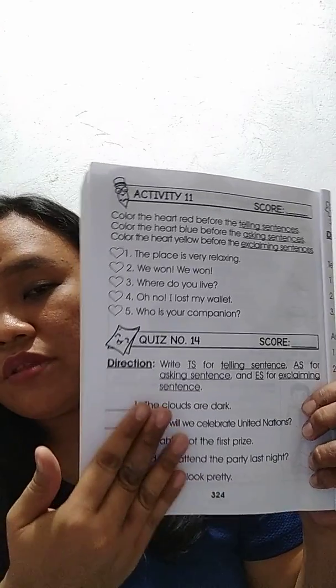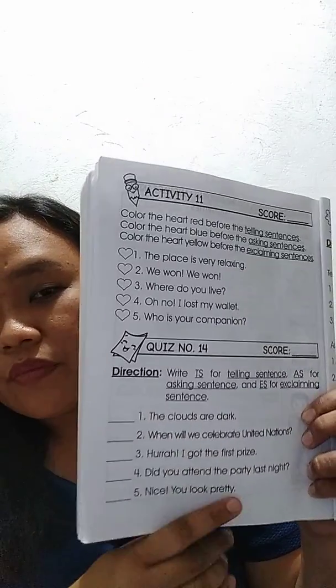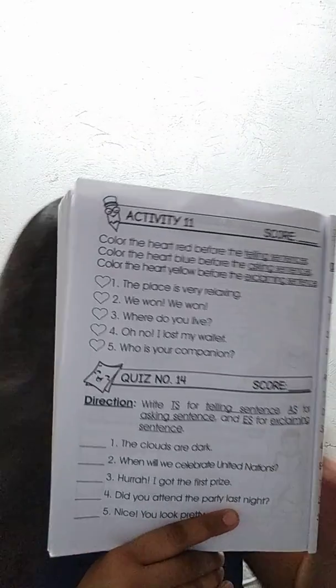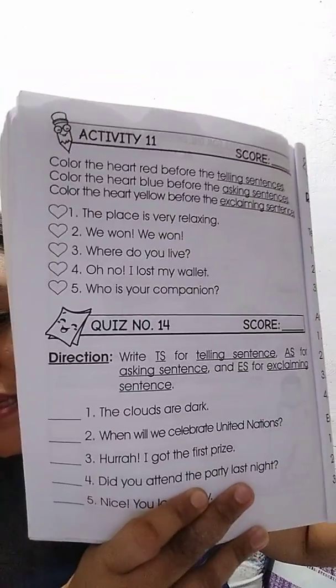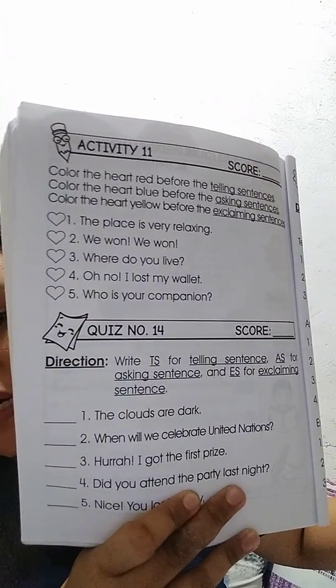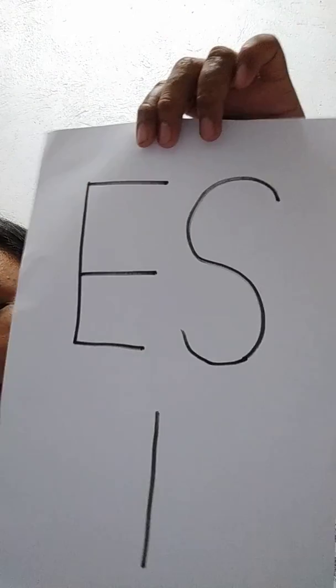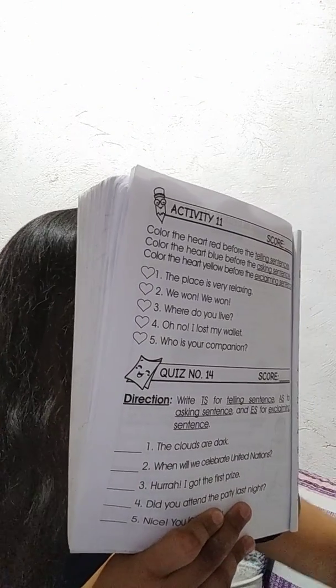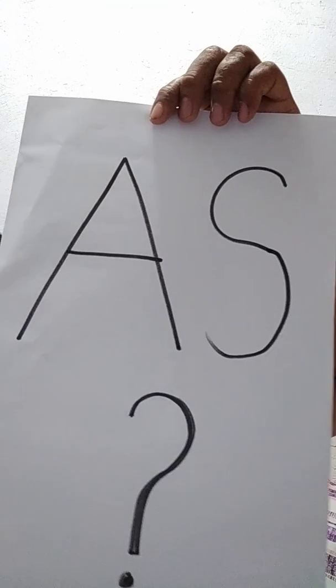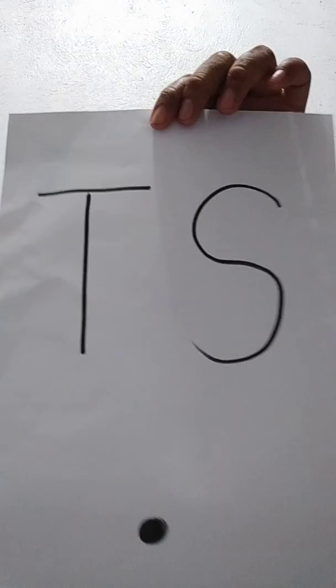We're gonna read the sentences and look at the punctuation mark at the end. We're gonna write ES if it ends in an exclamation point. We're gonna write AS if it ends with a question mark. And we are gonna write TS if it ends with a period.